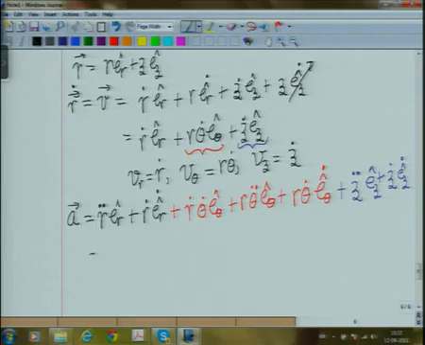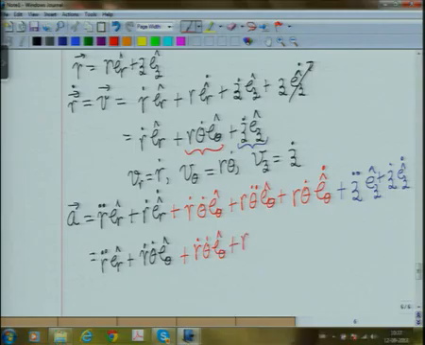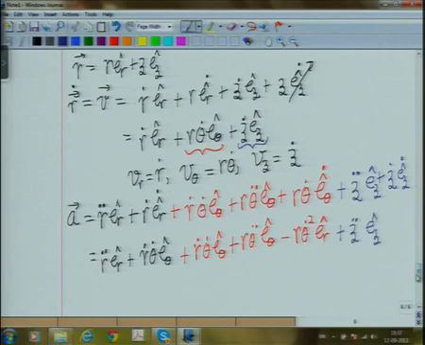So this becomes equal to r double dot er. Now er dot is theta dot e theta, so r dot theta dot e theta. Then we have plus r dot theta dot e theta plus r theta double dot e theta, and now we have minus r theta dot square er, and then we have plus z double dot ez.